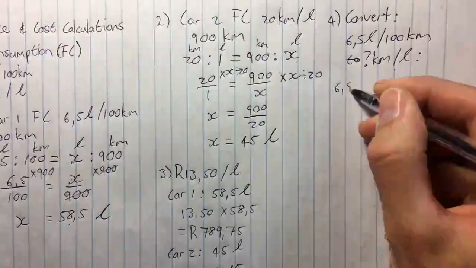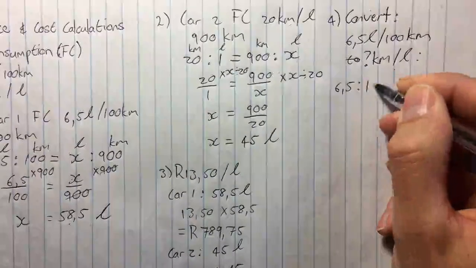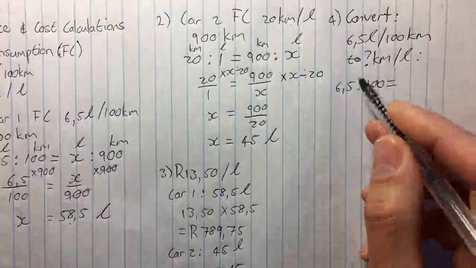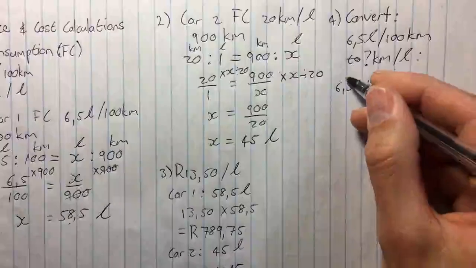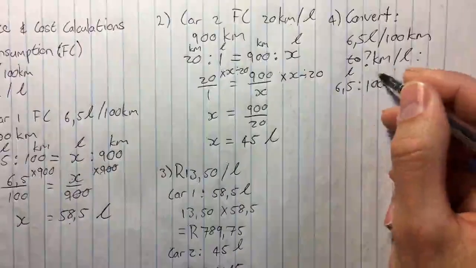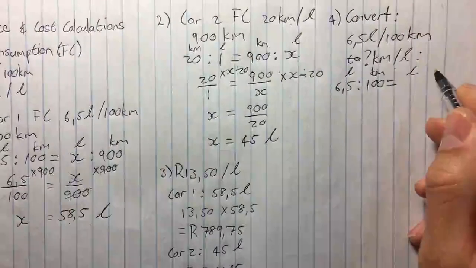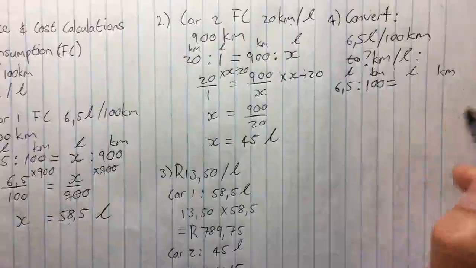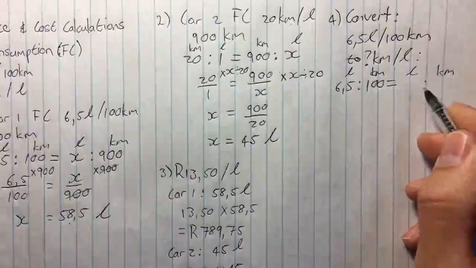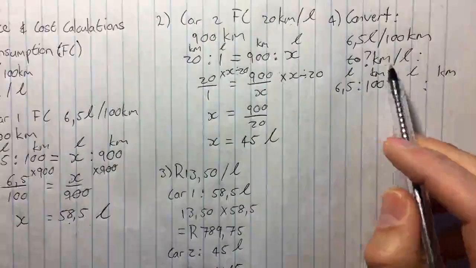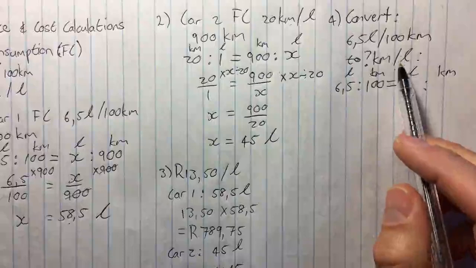So we have 6.5 to 100 would then be equal to, now see, we have liters and kilometers first. Okay, liters is first, kilometers second. So then we would have to have liters first and kilometers second again. All right, so how many liters is this? If we say so many kilometers per liter, it means per 1 liter.